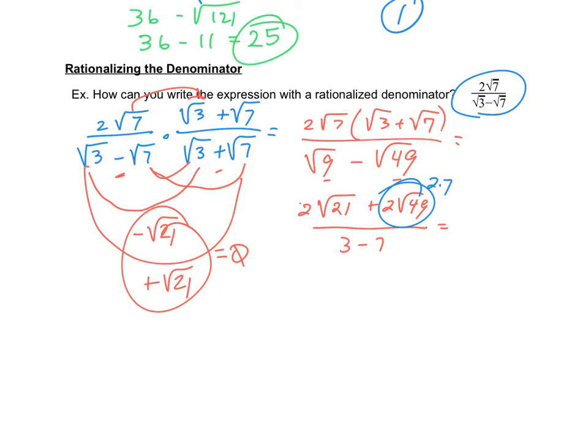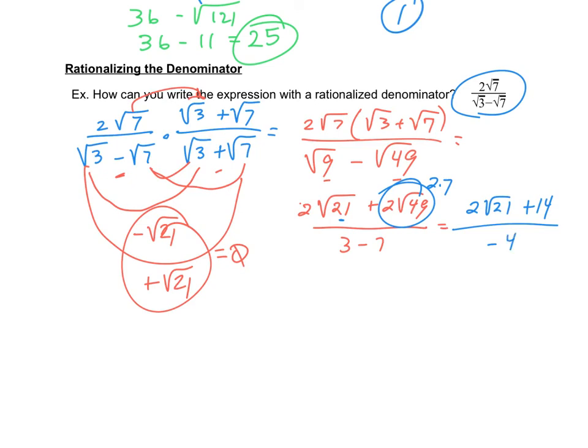Is there a square root in here? I don't believe there is, so simplifying, 2 square root of 21 plus 14 over negative 4. I guess we can simplify that some.